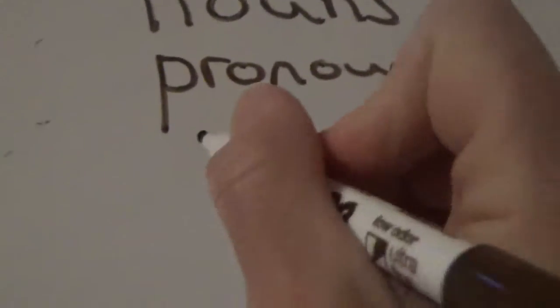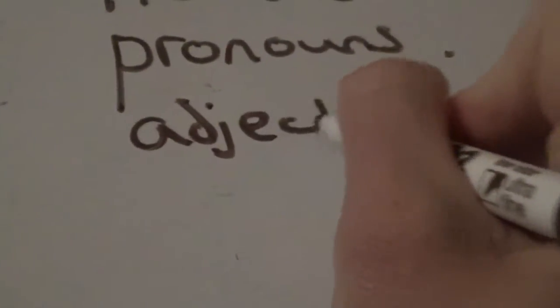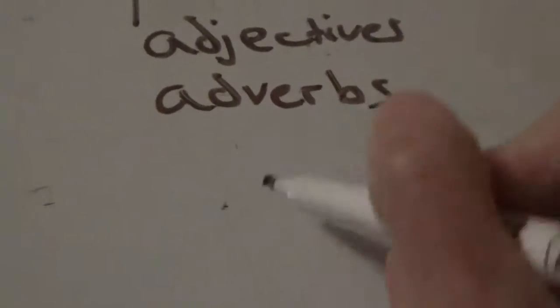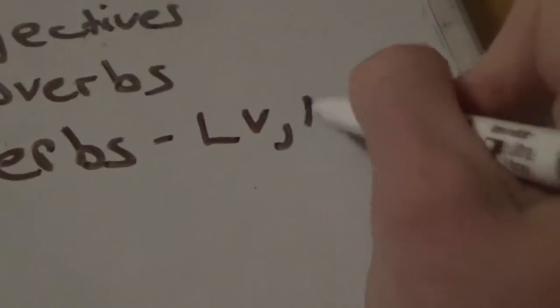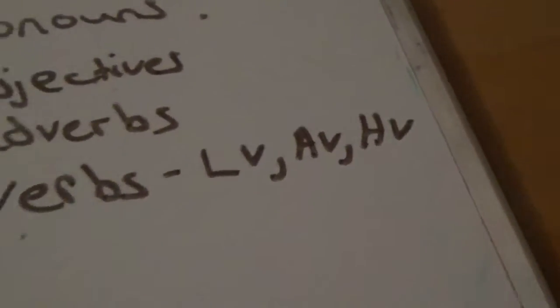Now, remember, there are words that can be more than one part of speech depending on how they're used in the sentence. But in a sentence, a word will only be one part of speech. Remember, there are 8 parts of speech. We have nouns, pronouns, adjectives, adverbs, verbs, and we've talked about how there are linking verbs, action verbs, and helping verbs, but those are all verbs.